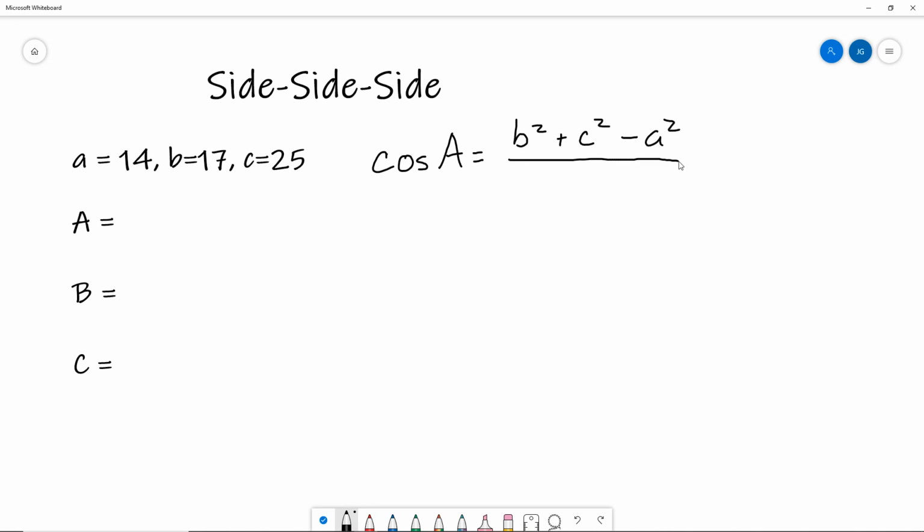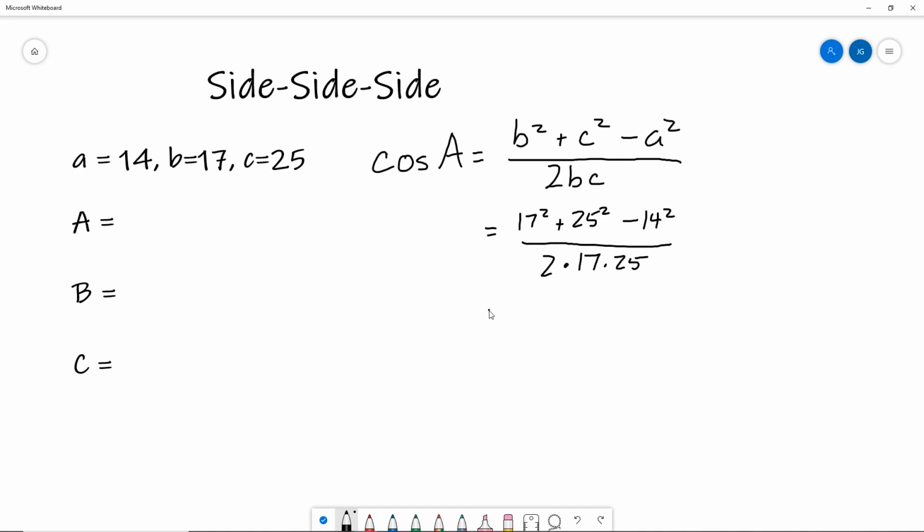So in this case, b squared plus c squared minus a squared, and then all over 2 times the product of the adjacent sides to this angle A. Which is this all going to work out to be, since b is 17: 17 squared plus 25 squared minus 14 squared, all over 2 times 17 times 25.